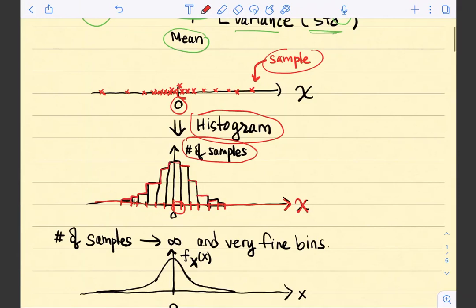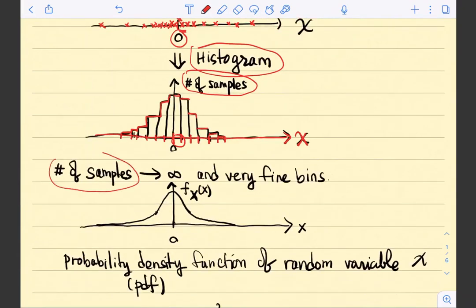Now, if you run this experiment with the number of samples very large, going to infinity, and the bins very fine, many bins, and again you take the number of samples in each bin, this rectangular, pixelated histogram is going to become smoother, something like this.